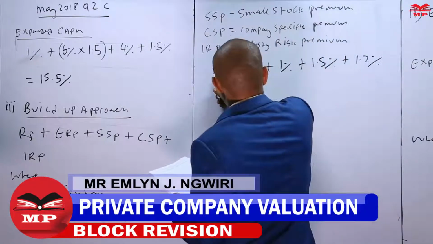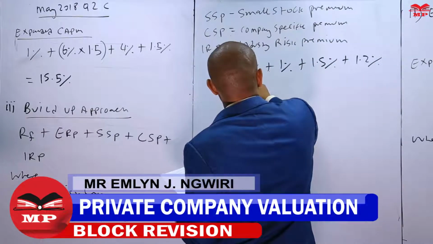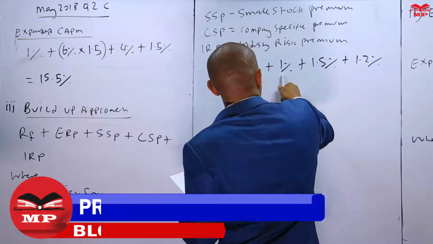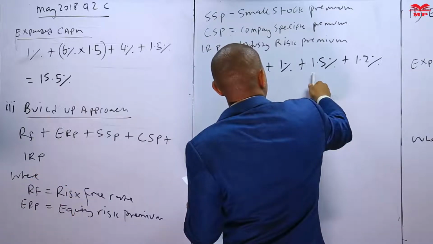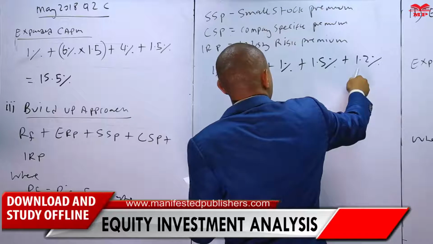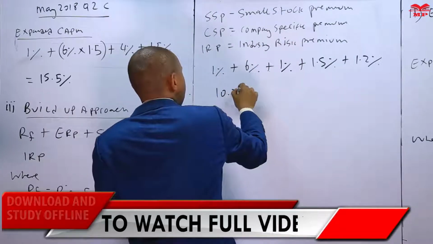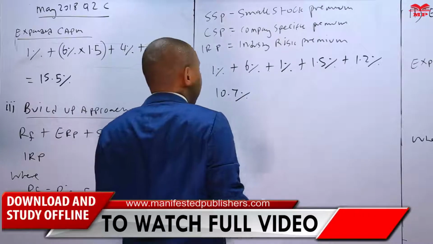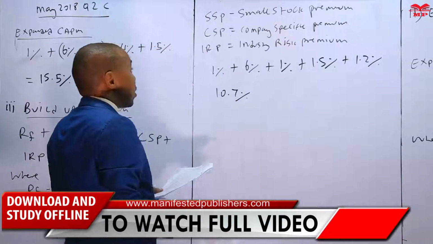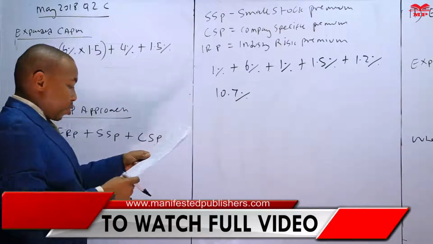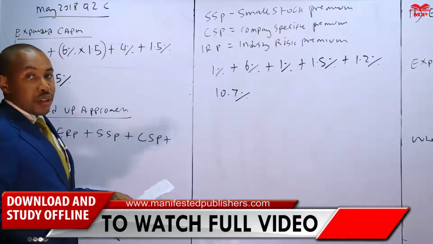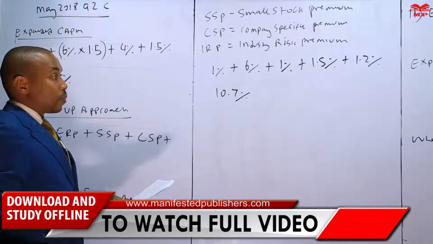So we have 1% here. This is 7%, 8%, 9.5%, 10.7%. That is the required rate of return for company B using the built-up approach.